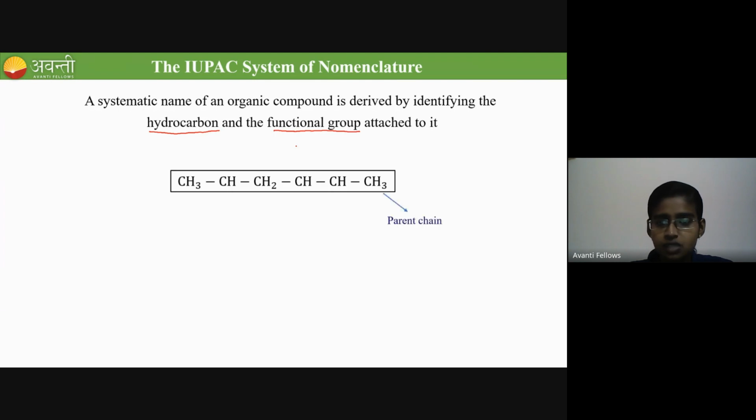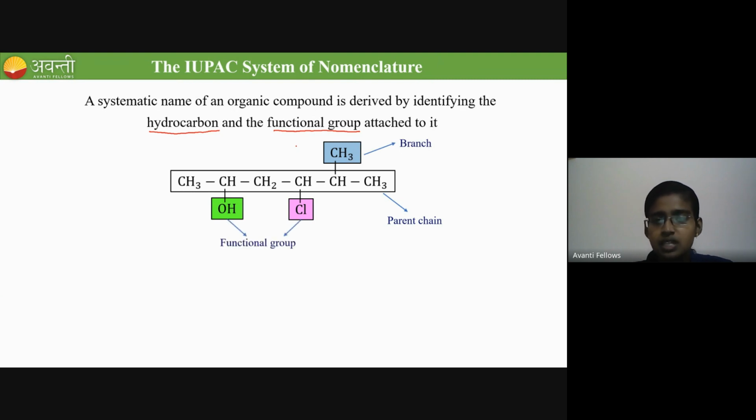This is the 6 carbon containing hydrocarbon, which is called the parent chain. And to this parent chain, we have 3 substituents attached to it. CH3 is called methyl, which is a branch to this parent chain. And OH and Cl, those 2 are called the functional groups present in this molecule.